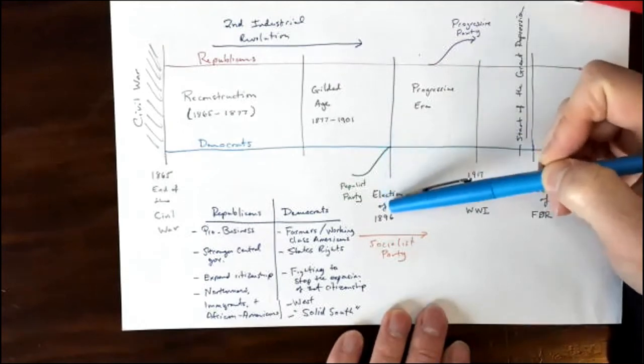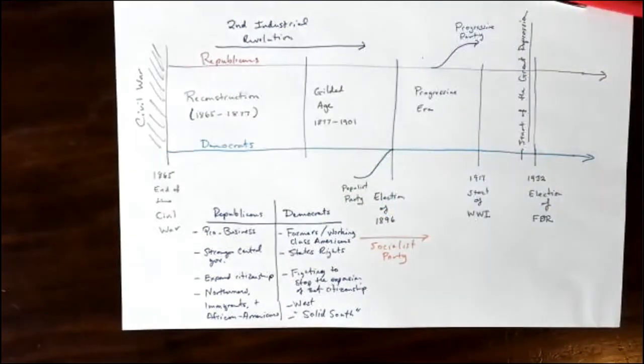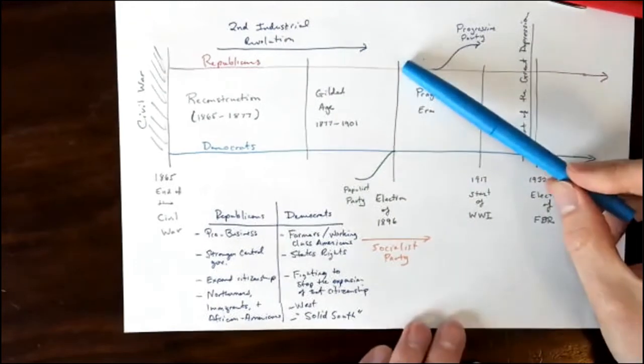Now, in the election of 1896, it's McKinley, who's the Republican candidate, versus William Jennings Bryan, who is the Democratic candidate. It pits business and urban America, represented by the Republicans, versus farmers and workers, represented by the Democrats, against one another. And in that election, the Republicans win.